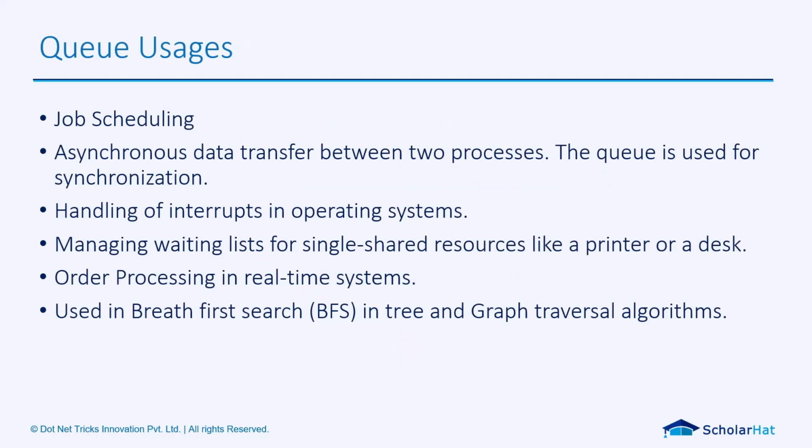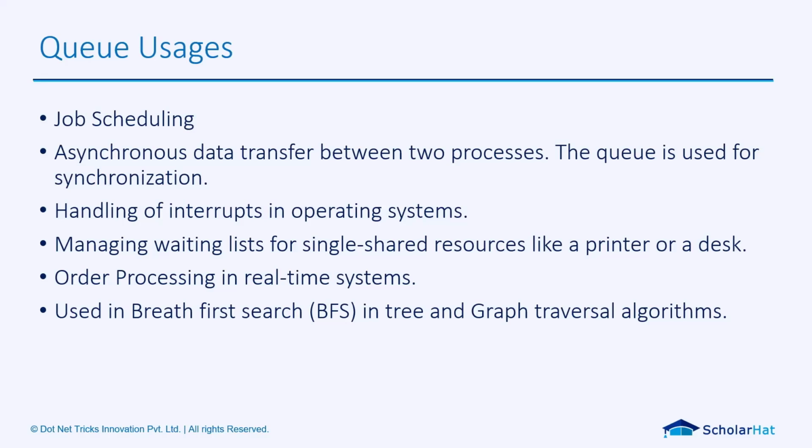It's used in job scheduling, asynchronous data transfer between two processes, synchronization, handling of interrupts in the operating system, managing wait lists for single shared resources like a printer or a disk, or order processing in real-time systems. It's also used in breadth first search in tree and graph traversal algorithms. It's used in lots of places.